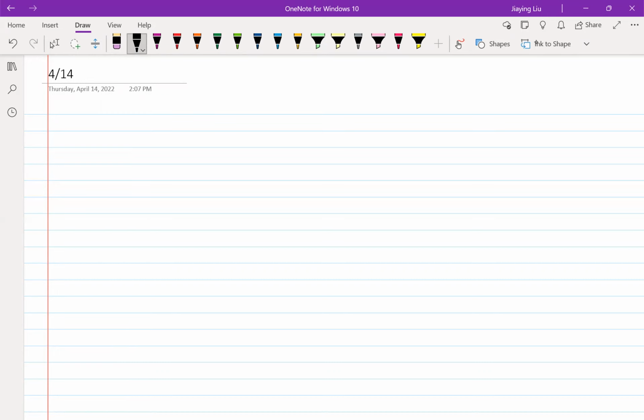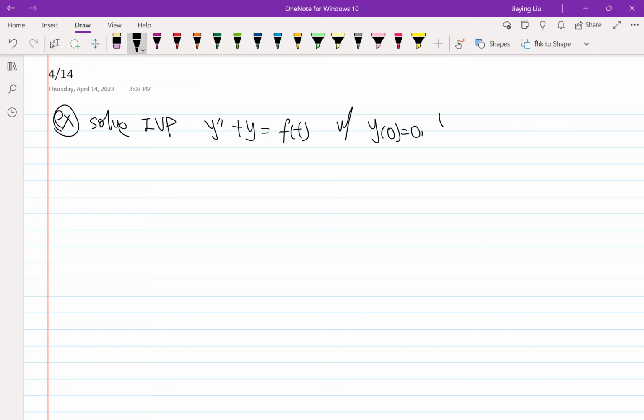So the example that we're going to look at is we're going to solve this initial value problem with y double prime plus y equals f of t. The initial conditions are y of 0 equals 0, y prime of 0 equals 1.